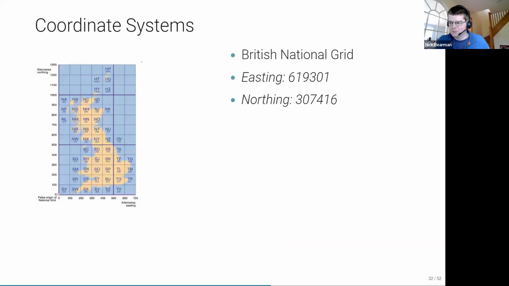You've probably also come across British National Grid as well. So these are meters and a certain distance east or north of the nominal naught point off the southwest coast. If you go into this in more detail, there's loads more out there, but I just wanted to mention it in passing.